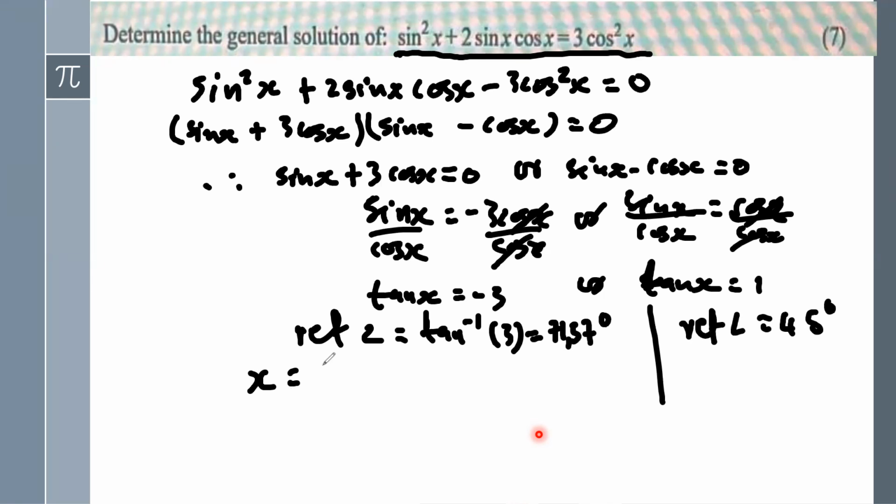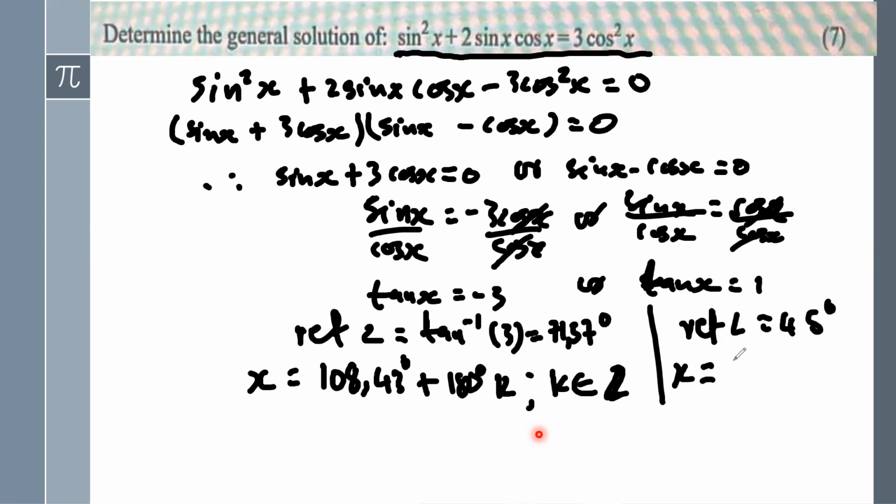That gives me 108.43 degrees plus 180k, and you must state that k is an integer in this context. The second one here, x is equal to, I'll just work with the first quadrant, so it is 45 plus 180k. Again, very important to state that k is an integer.